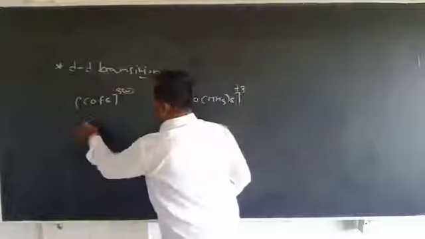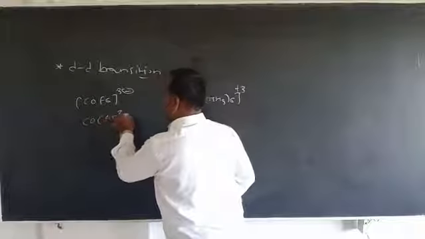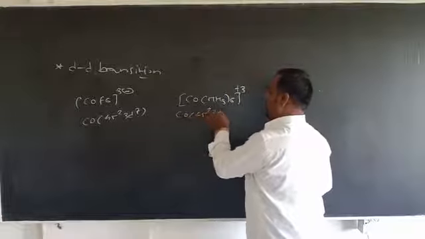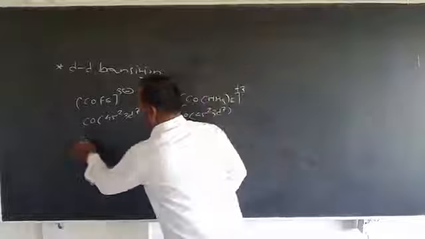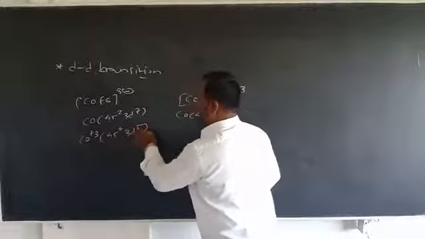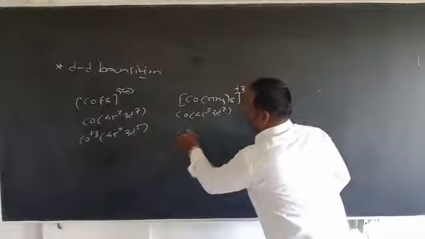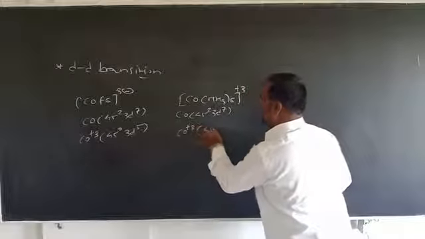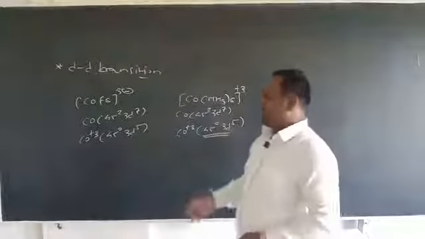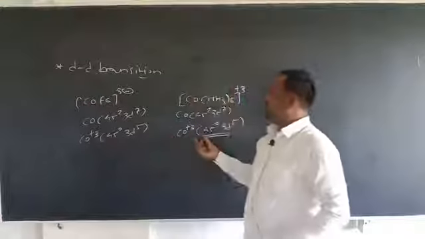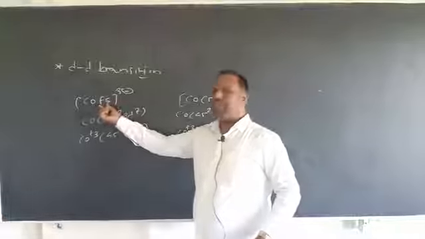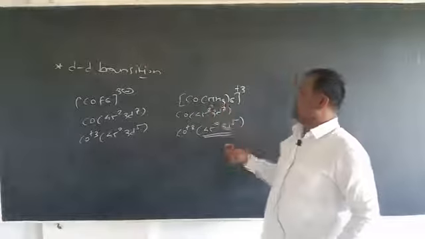In this case cobalt has 4s2 3d7 configuration, here also cobalt has 4s2 3d7 configuration, but in both cases cobalt is in +3 oxidation state, so 4s0 3d5. This is the configuration. So this cobalt is +3, this cobalt is +3, but you should keep in mind the ligand: these halides are weak field ligands, while ammonia is considered a strong field ligand.